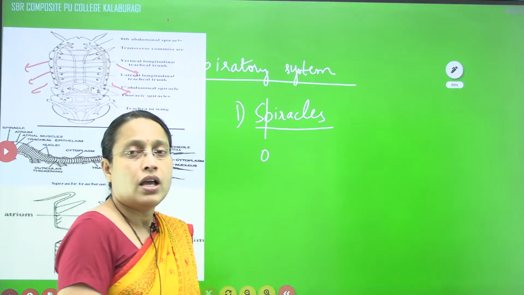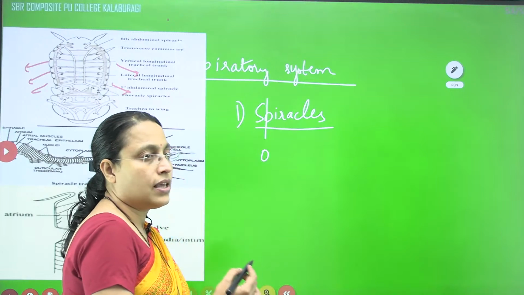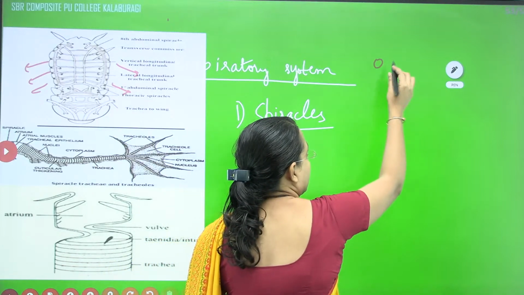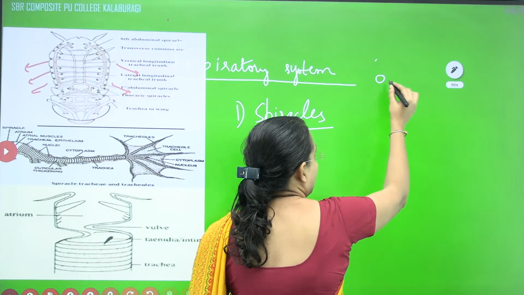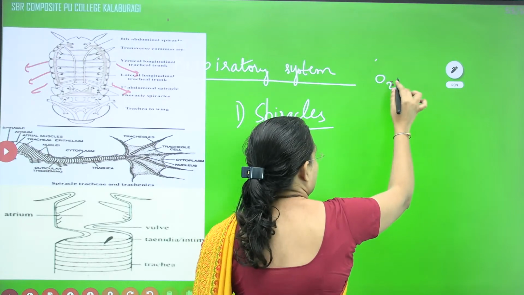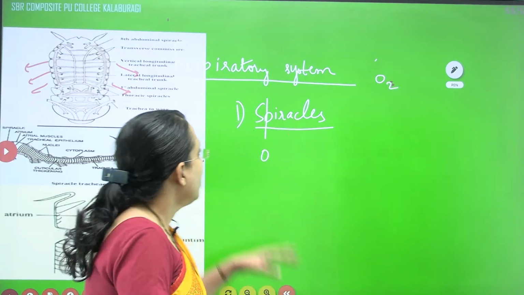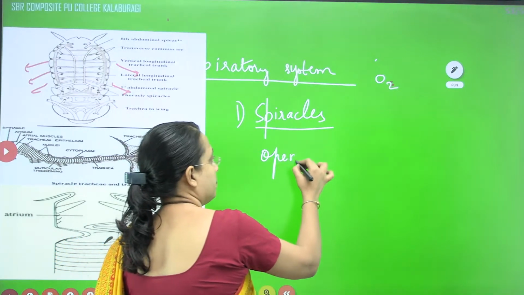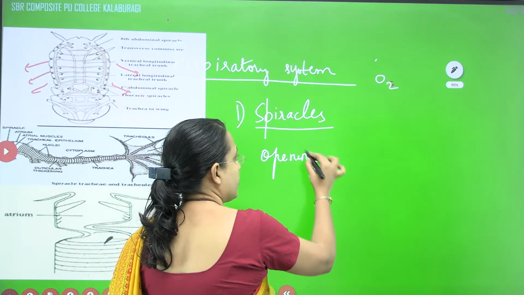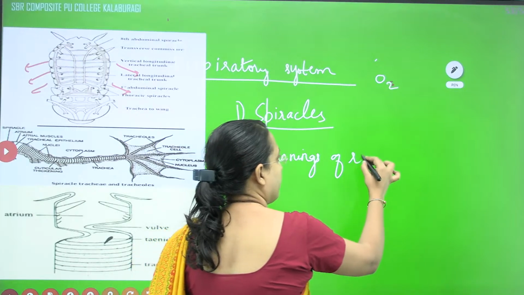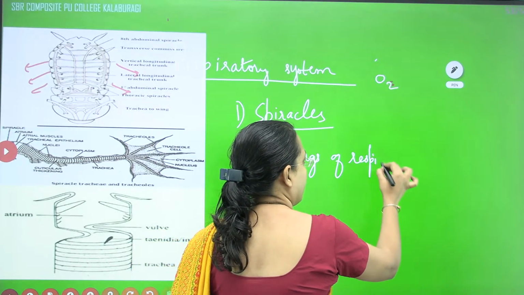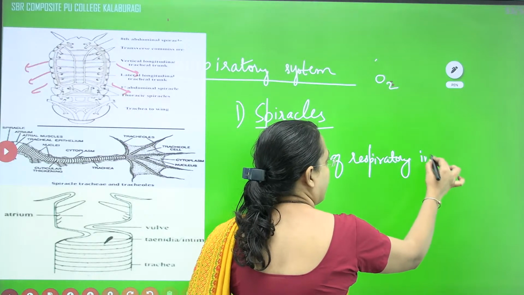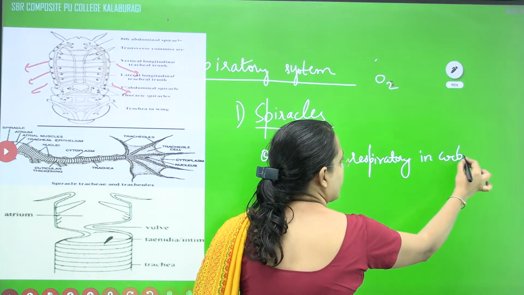First of all, you should know that cockroach is aerobic, so it does require oxygen. So spiracles are openings of the respiratory system in cockroach.